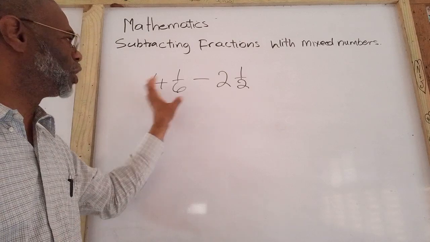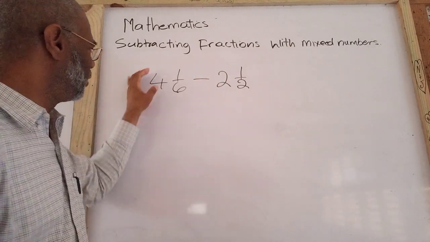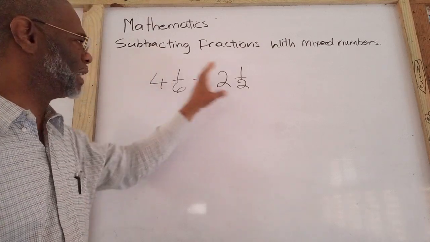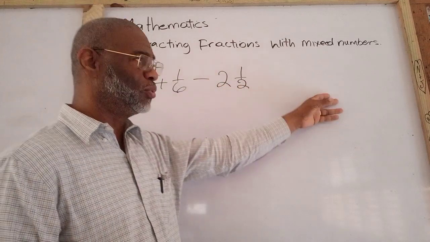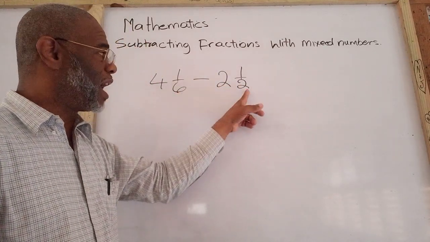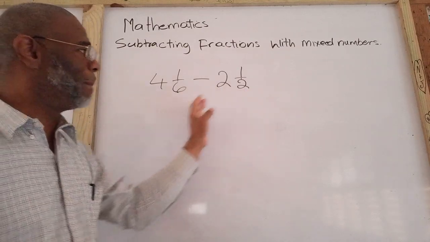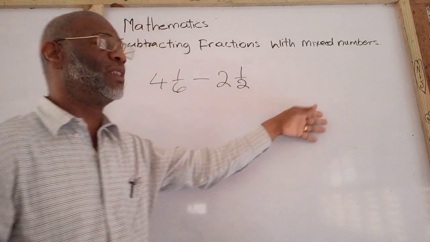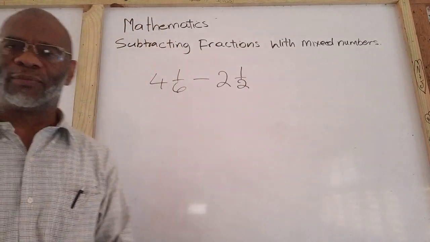Now, when it gets to subtraction, it becomes a little bit trickier, right? Because if you were to subtract the whole numbers and put them aside, you say 4 minus 2, that would be 2, right? Then you have 1/6 minus a half. Now a half is bigger than 1/6, right? So you have to borrow one from the 2 that you have over here, and that will make it a little more challenging.